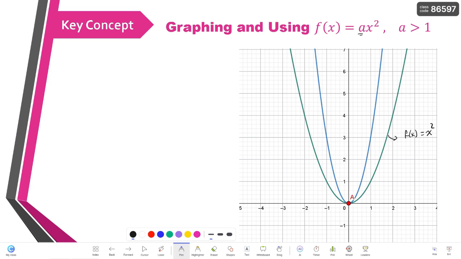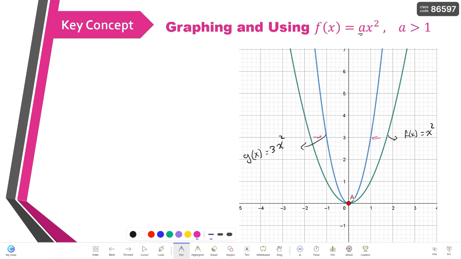For the blue function, let's call it g of x, it's 3x squared. So this function's rule is 3x squared. What happened to the green graph? The graph became narrower, as you can see here.